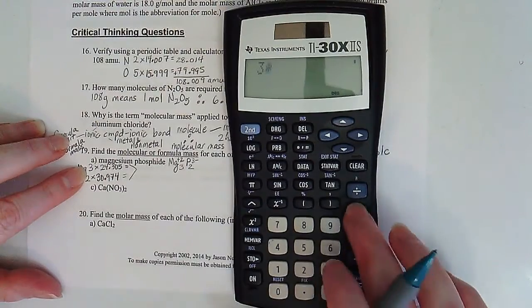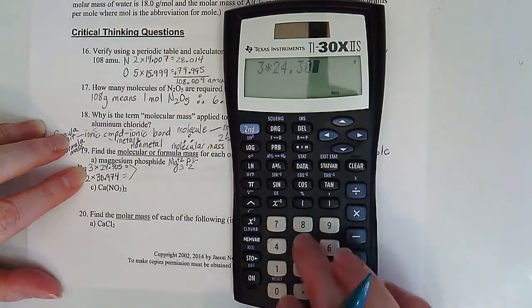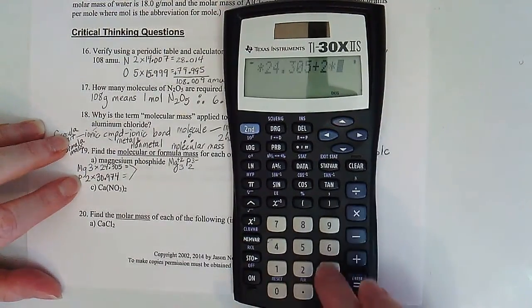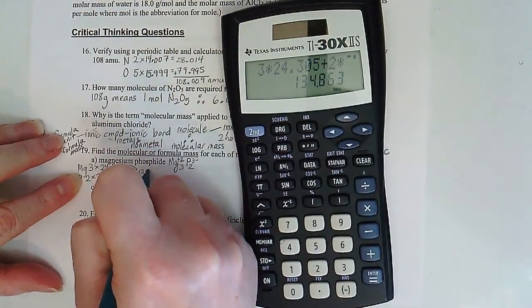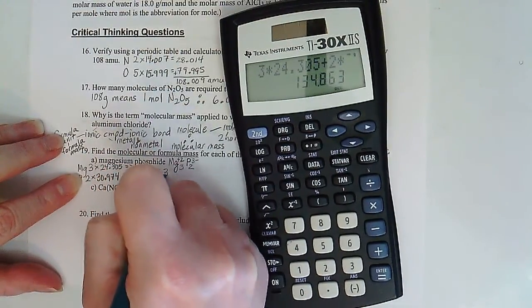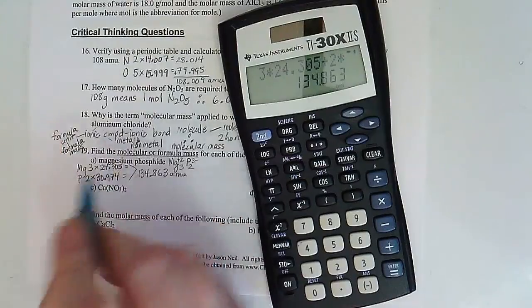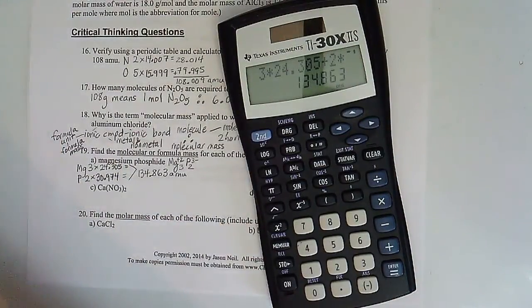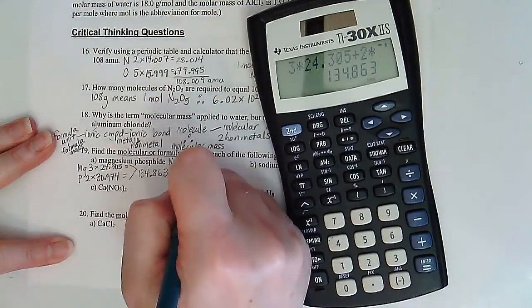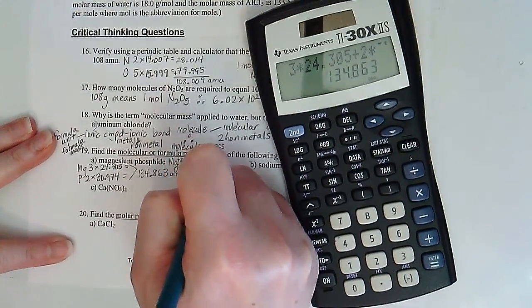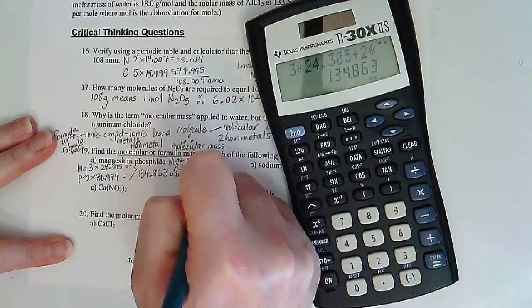So 3 times 24.305 plus 2 times 30.974. And I get 134.863. It's going to be AMUs because I'm talking about 1. And this technically would be a formula mass, because this is an ionic compound.